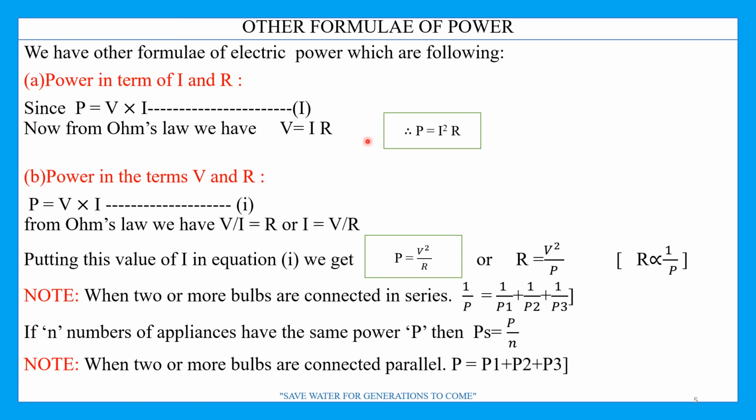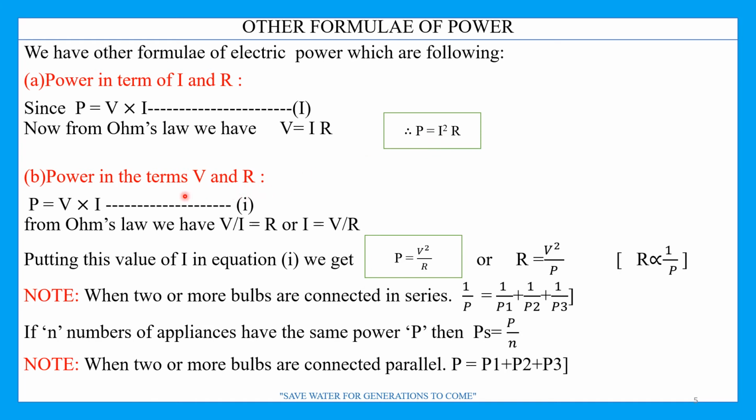So when we put IR in place of V, we get P is equal to I square R. This is the first formula to get power when we are given the magnitude of electric current and resistance. Or when we are given power and resistance of the circuit or appliance, we can find I.